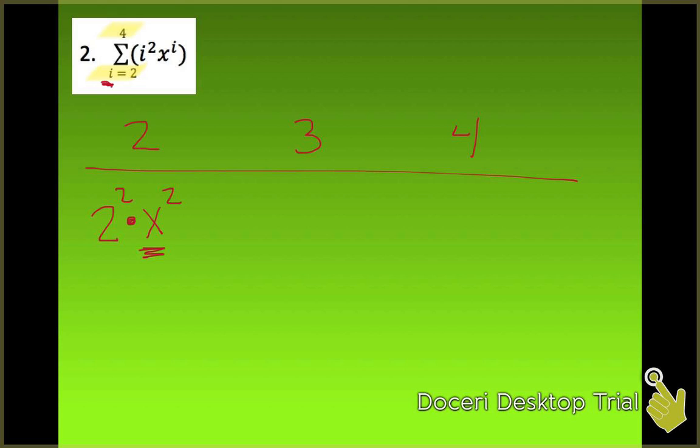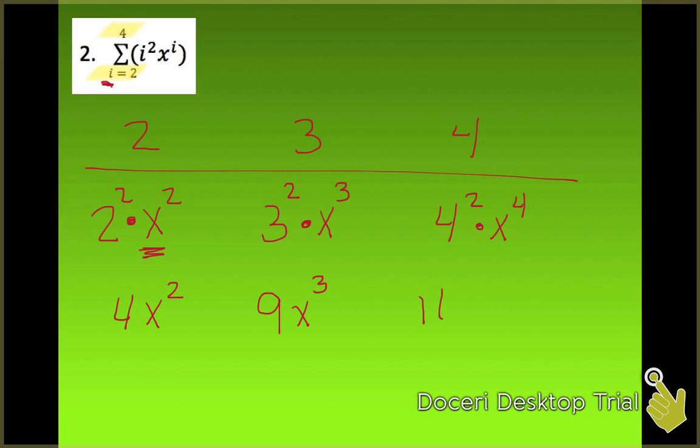So 2 to the second power is 4, so this ends up being 4x squared. For 3, it's going to be 3 to the second power times x to the third power, because our i is 3 this time. So that ends up being 9x to the third. And the last one is going to be 4 to the second power times x to the fourth.